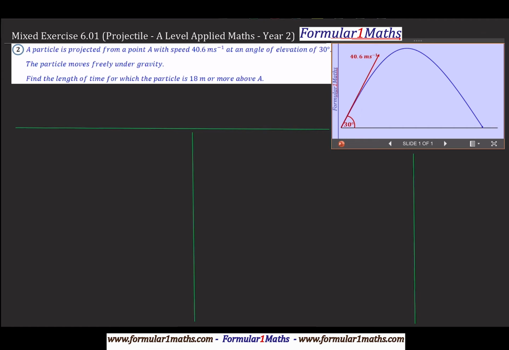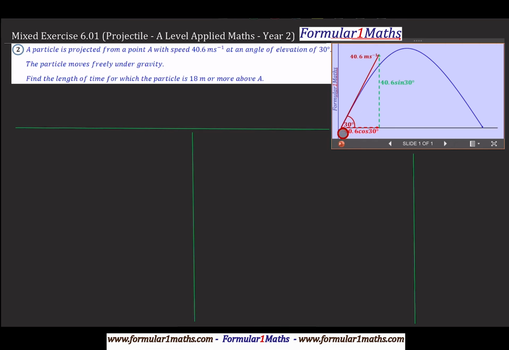I'm going to use vectors to solve this question. So I'll need to resolve the initial velocity into its horizontal and vertical components as follows. The horizontal component is 40.6 cos 30, and the vertical component is 40.6 sin 30.